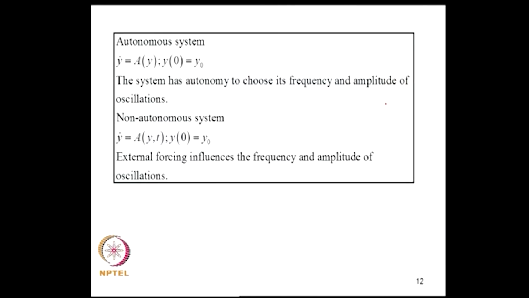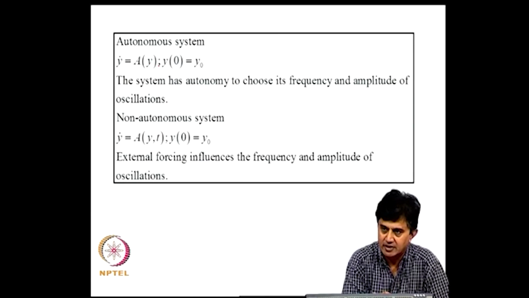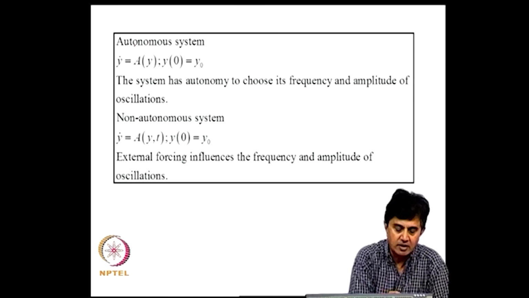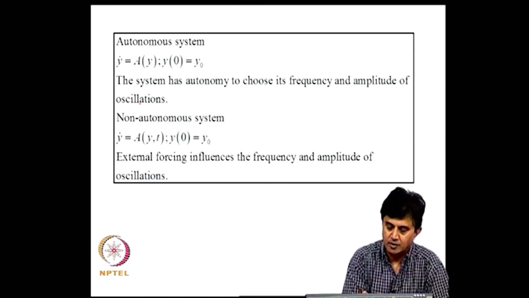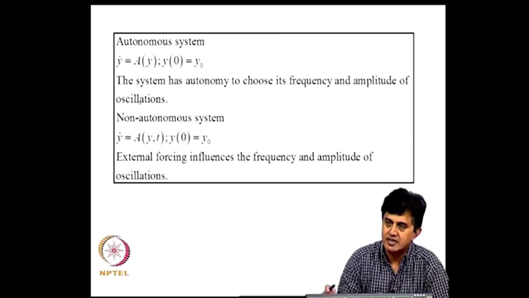Now, we say that a system is autonomous if A is independent of t. That would happen clearly when there are no external excitations. The autonomous systems have the autonomy to choose their own frequency and amplitude of oscillations. That is why I call it autonomous.